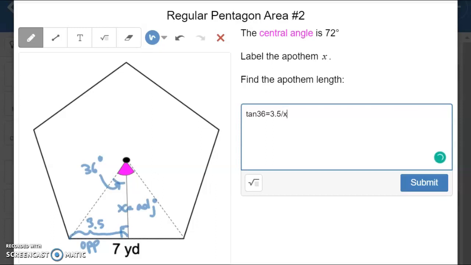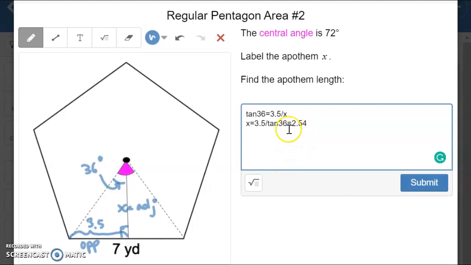Then x is going to be equal to, multiplying both sides by x and dividing both sides by tangent of 36, 3.5 divided by tangent of 36 degrees. And when I use the calculator, I get 2.54.